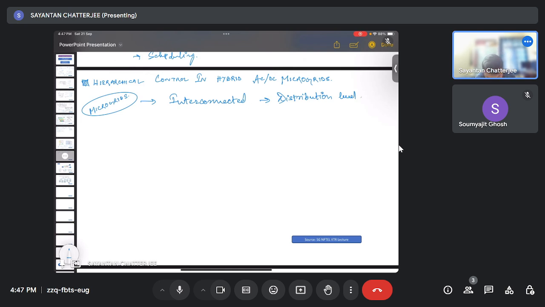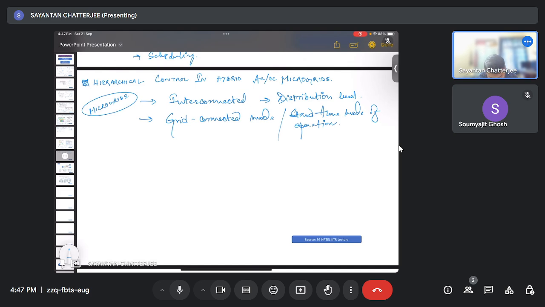Now, they can also work in standalone mode of operation.